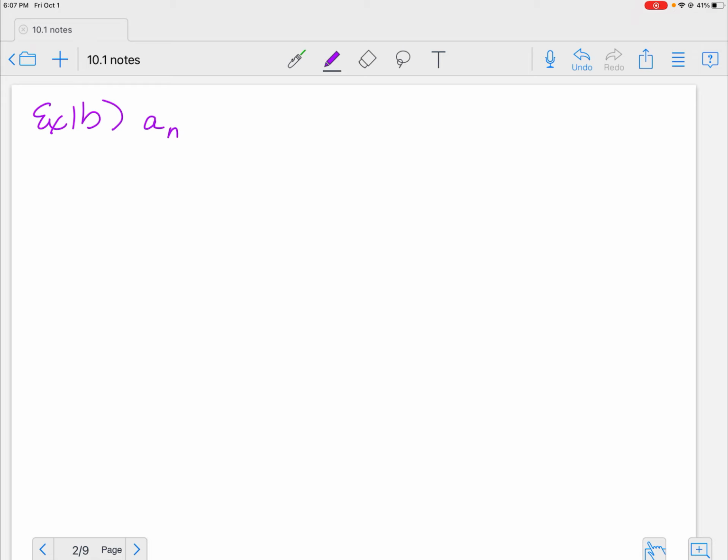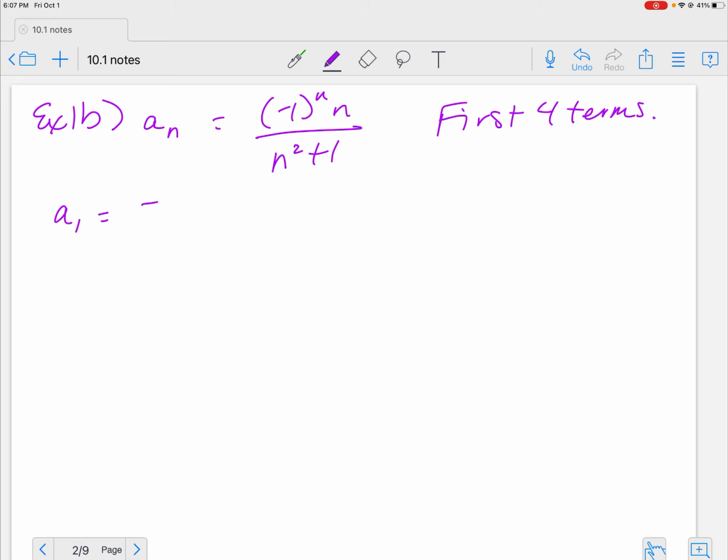If I have a sub n is equal to -1 to the nth power times n over n squared plus 1, again, we're going to go the first 4. All right, so do it up. A sub 1, -1 to the first times 1 over 1 squared plus 1.